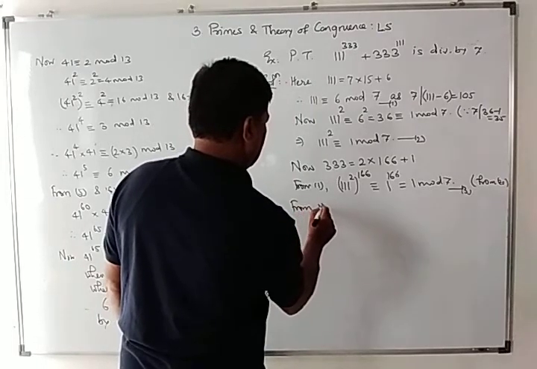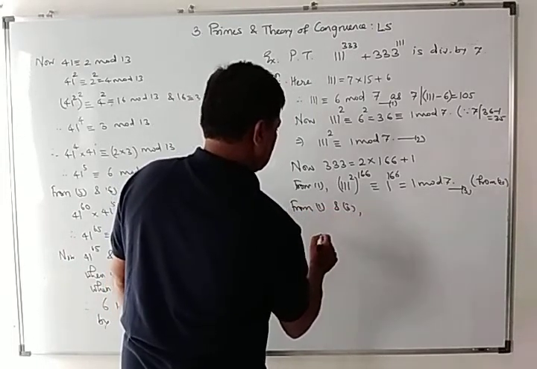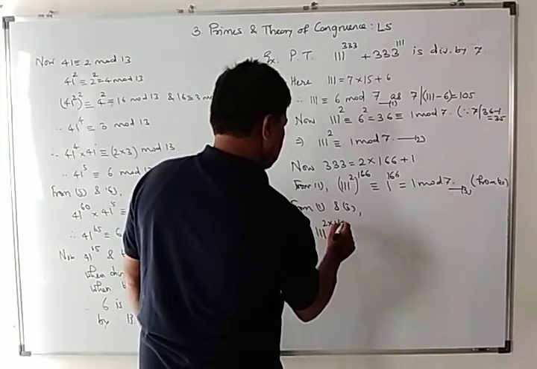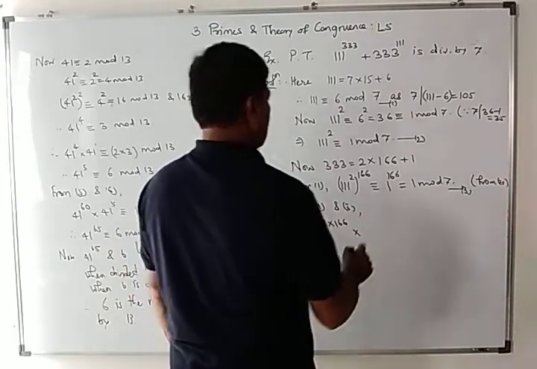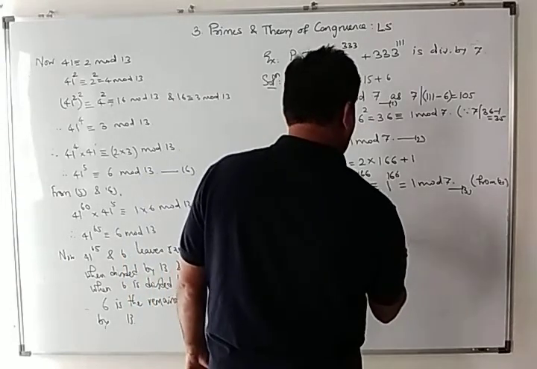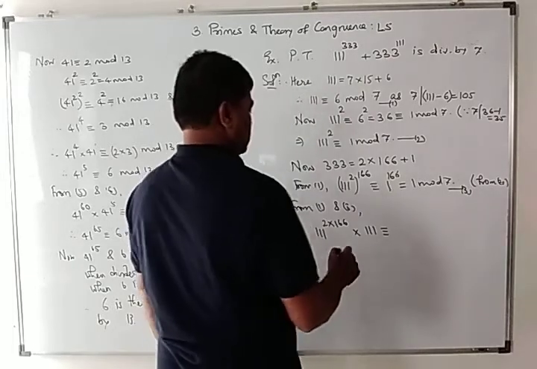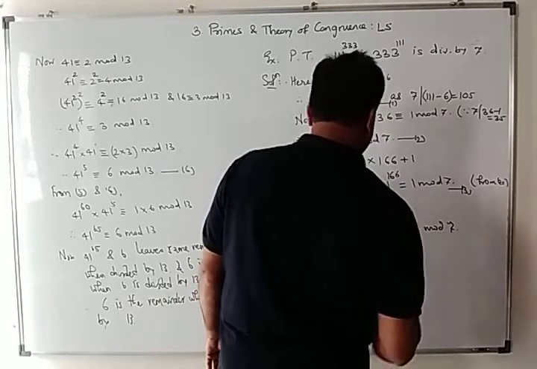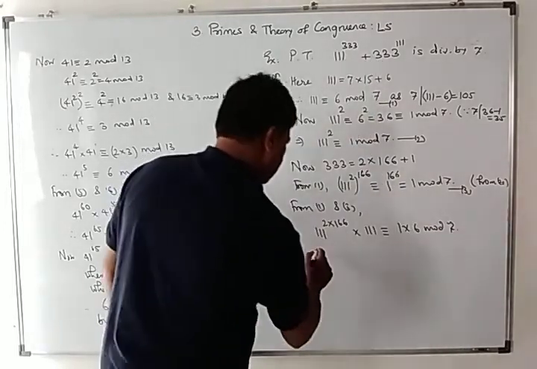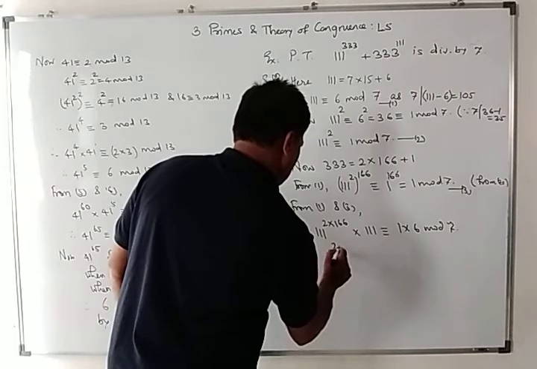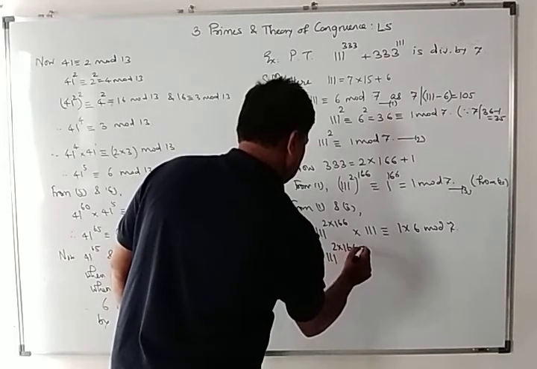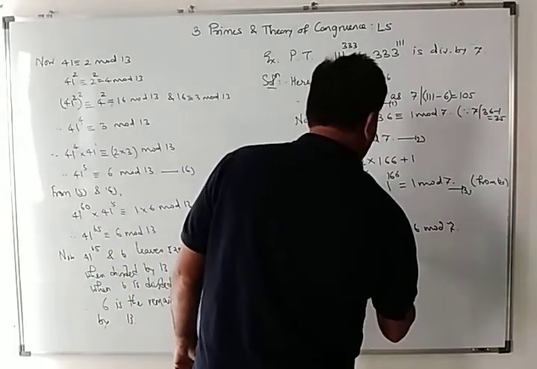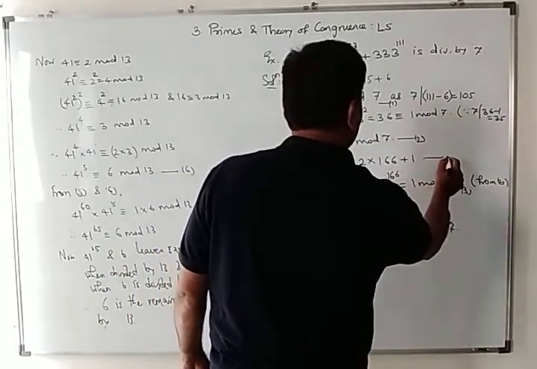From 1 and 3, 111 raised to 2 into 166 into 111 is congruent to 1 into 6 mod 7, and therefore 111 raised to 2 into 166 plus 1 is congruent to, okay, this is my star.